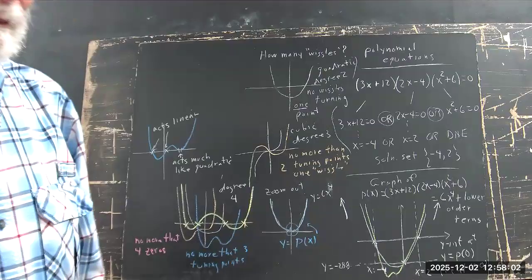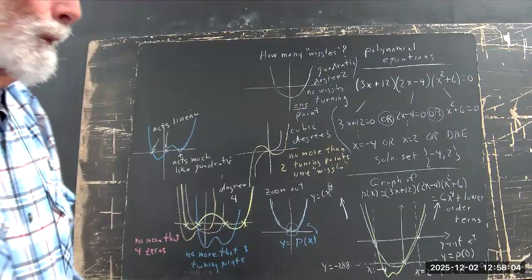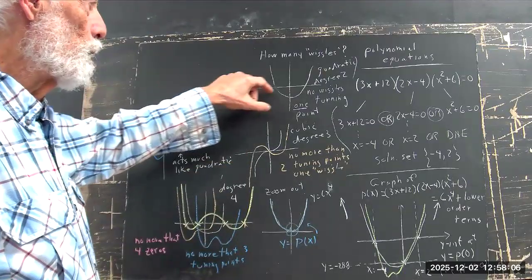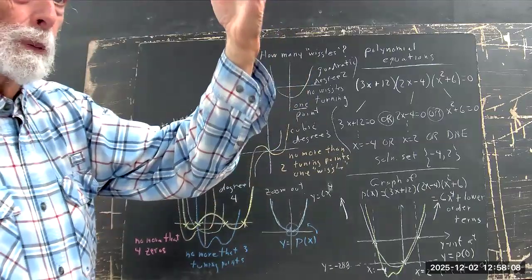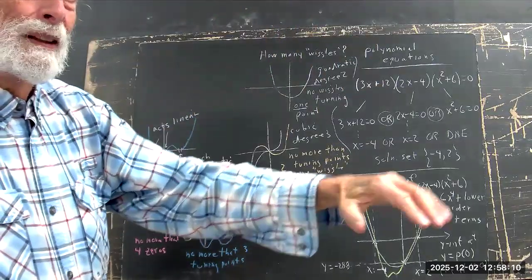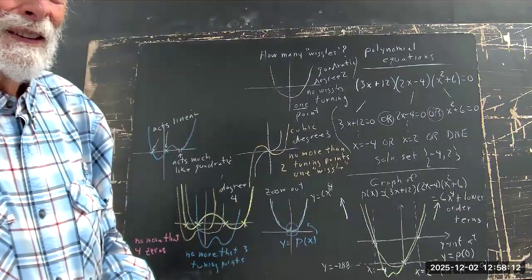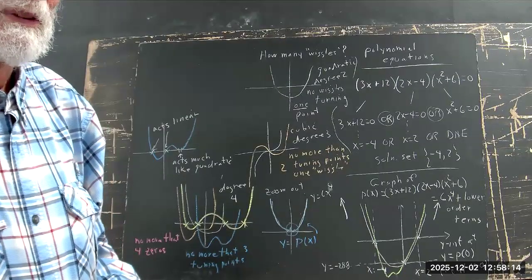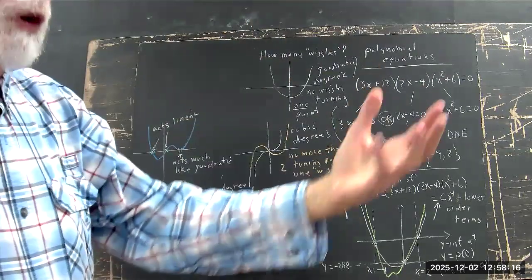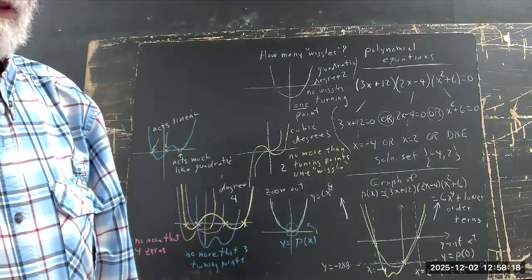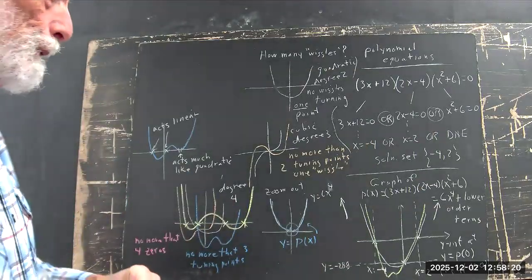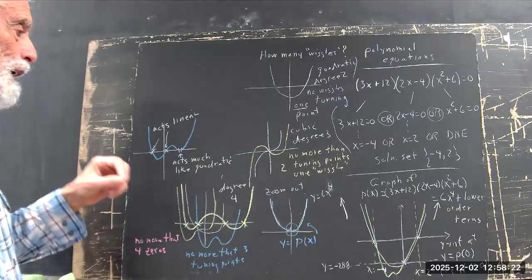But what we do want to know is if you've got a degree 4, you can have 1 more turning point. Why? Because you can have 4 zeros. If you've got 4 zeros, the only way you're going to go through all 4 of them is to wiggle a couple of times. They don't have to have 4 turning points, but they can.